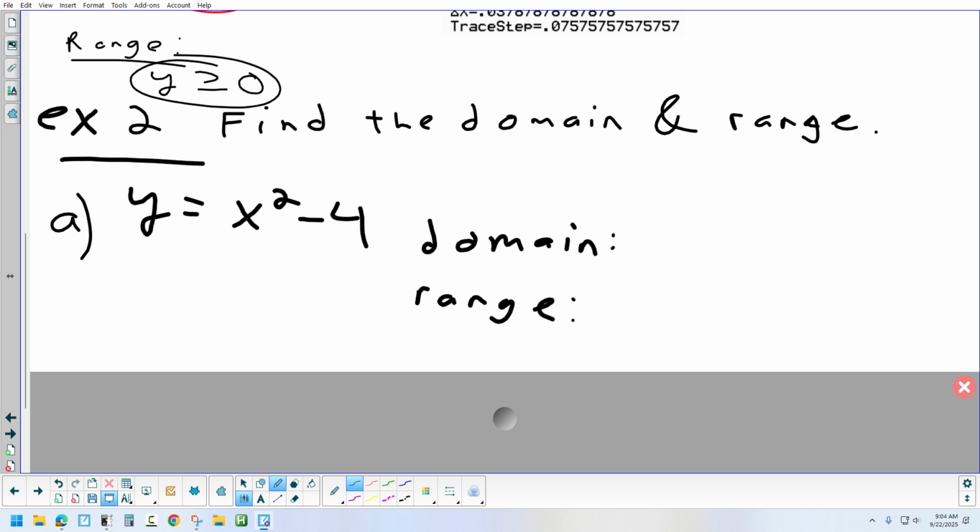Does this problem have a square root in it? No, so we don't have to worry about that. Does this problem have a fraction with a letter in the bottom of it? No. So the two things that could be an issue are not in this problem. So what do you think that means the domain is? Yep. All real numbers? Yep, all real numbers.